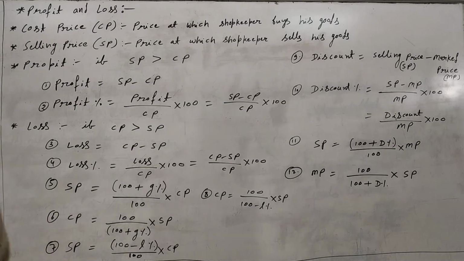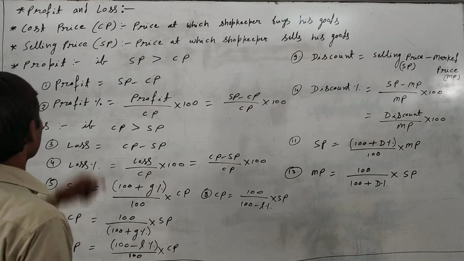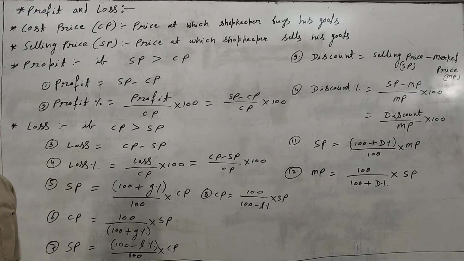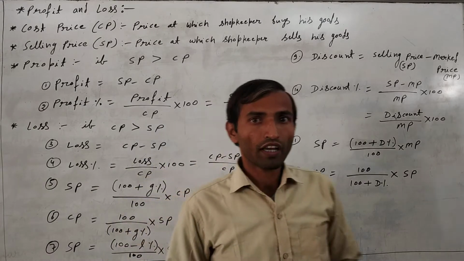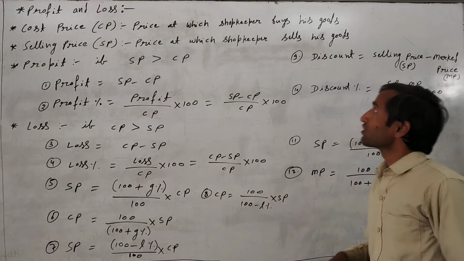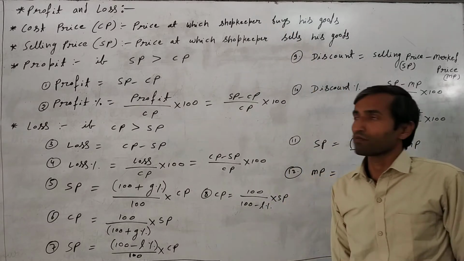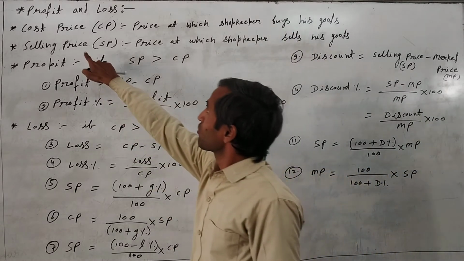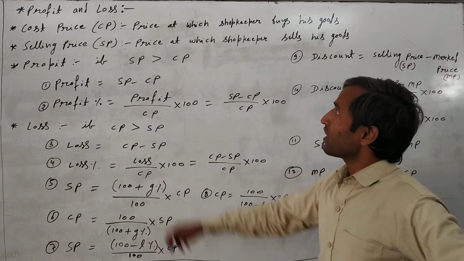First of all we have to learn about cost price. What is cost price? Cost price is the price at which a shopkeeper buys any goods. So that price is called cost price. And selling price, the shortcut we use in the question is SP.